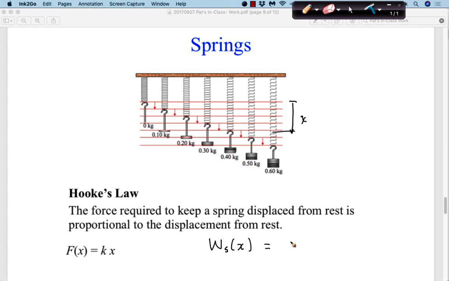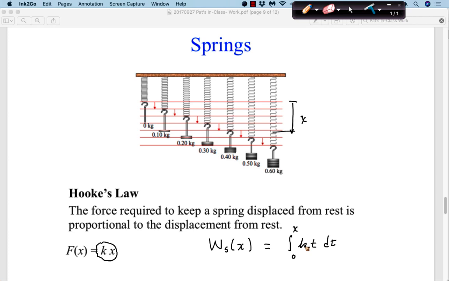Accomplished work equals the integral from 0 to x of the rate of change of work, which is force. And force for the spring is kx. Therefore, the rate of change is k times t dt.